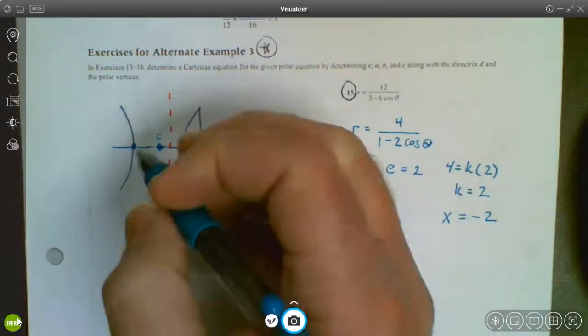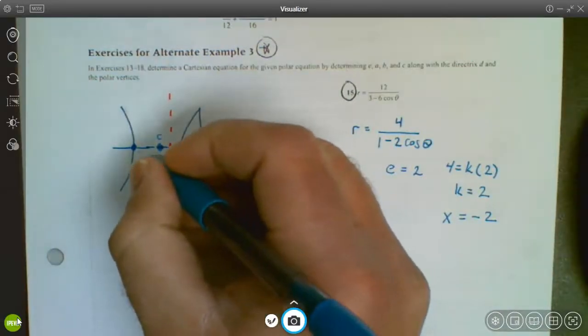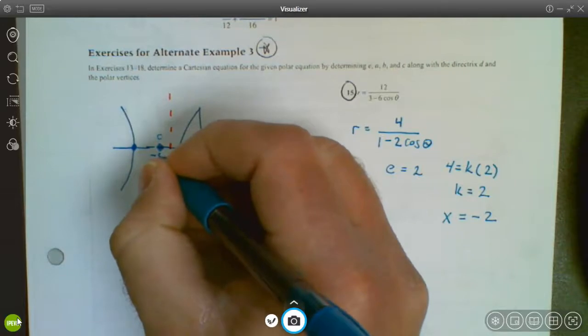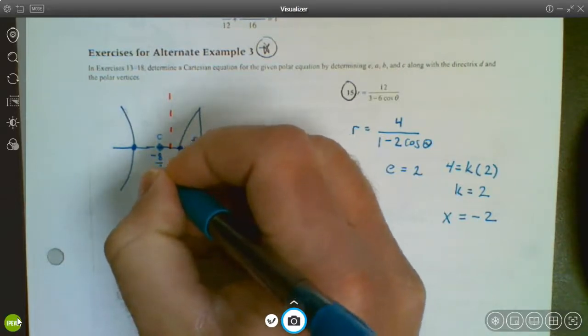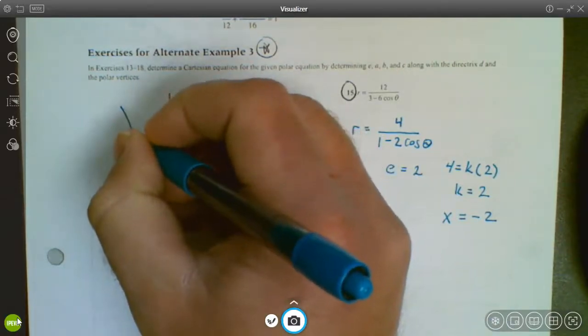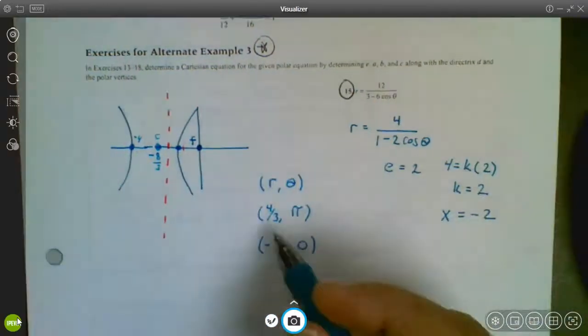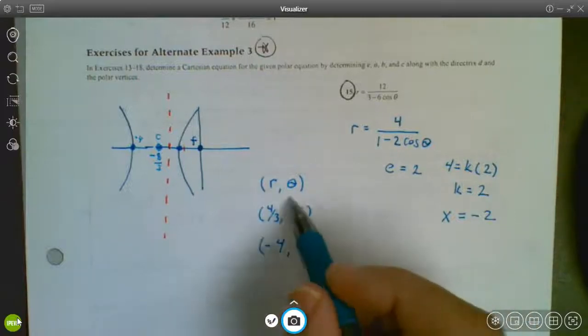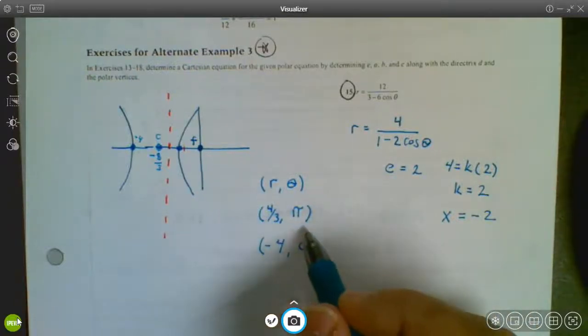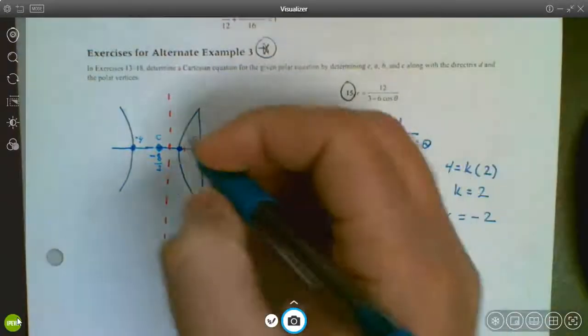So let me fill in a couple things here. So that's at -8/3. This one was at -4. And this one was, again, technically -4/3. If we're going to write it in polar form, this was the appropriate way to write it because we're including the angle.